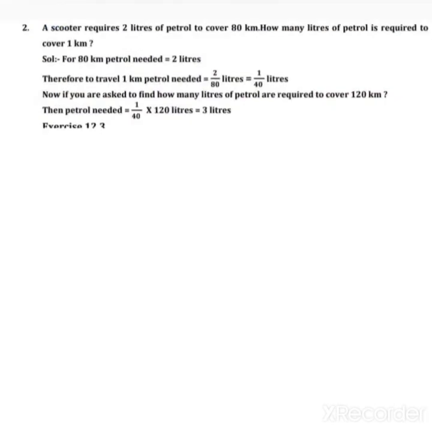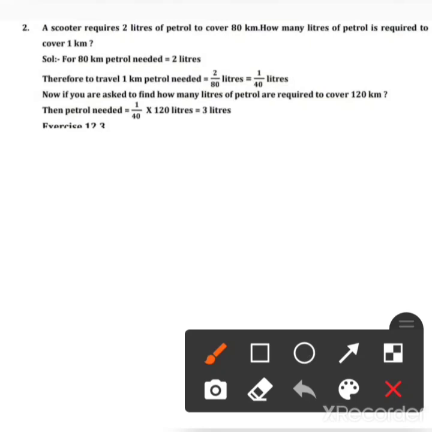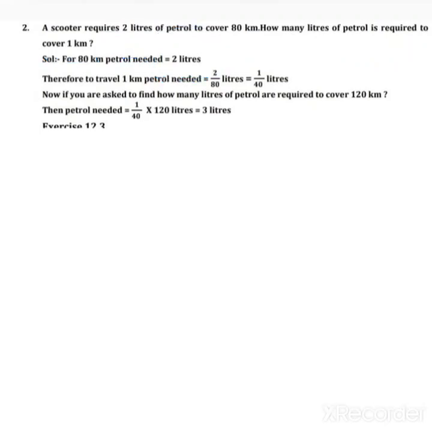Similarly, in example 2, a scooter requires 2 liters of petrol to cover 80 kilometers. Then how many liters of petrol are required to cover 1 kilometer? Here again we have the distance covered by using 2 liters of petrol, that is 80 kilometers.